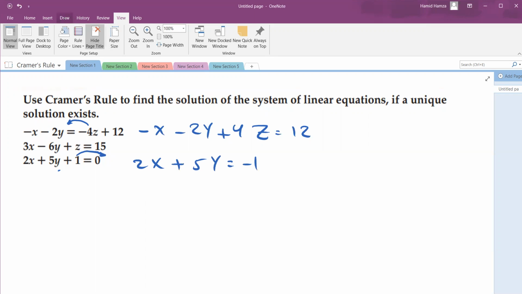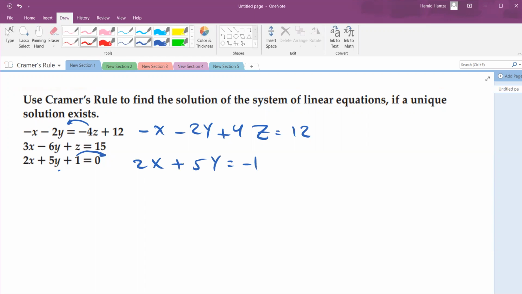This means we will start forming three determinants. Delta contains the coefficients of the variables. The first row will be negative 1, negative 2, and positive 4.